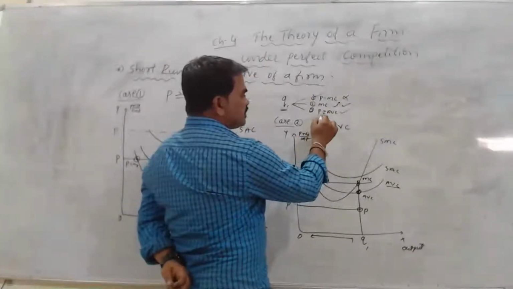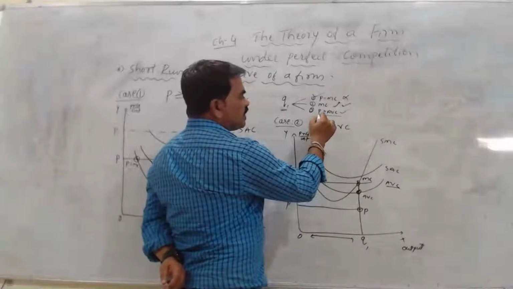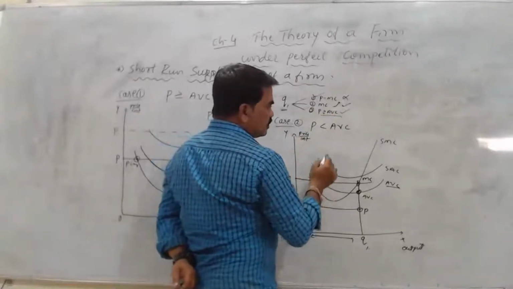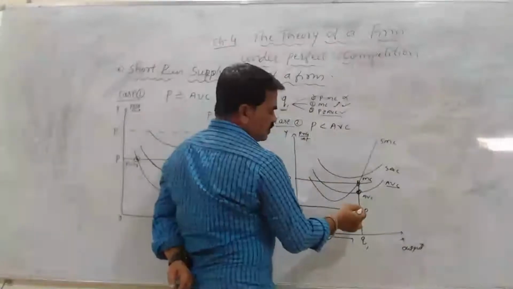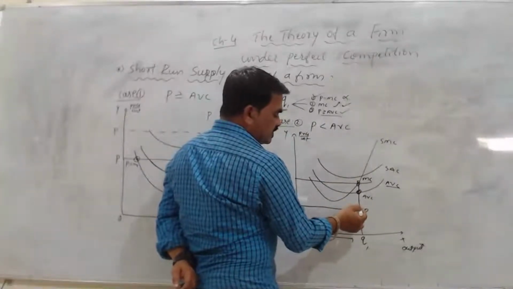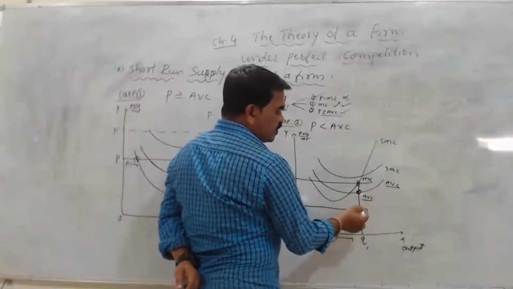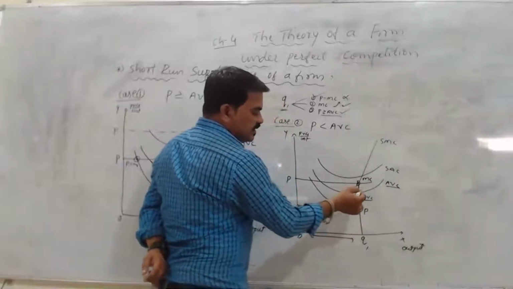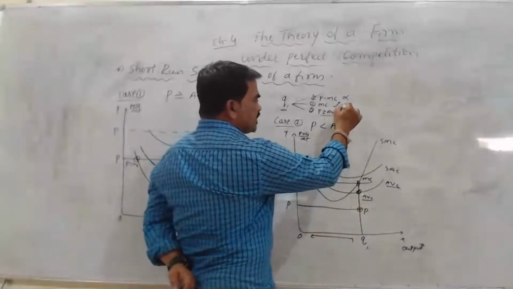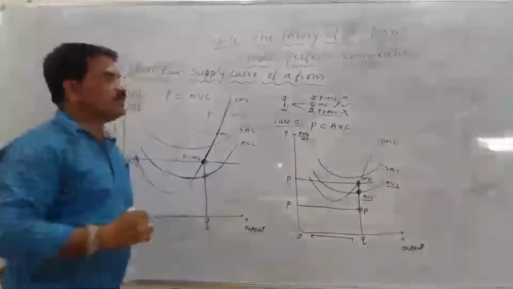But the third one says the price should be greater than or equal to average variable cost. Here the price is not greater, it is lesser than average variable cost. Average variable cost is here, price is here. So it is not satisfying the third condition as well.